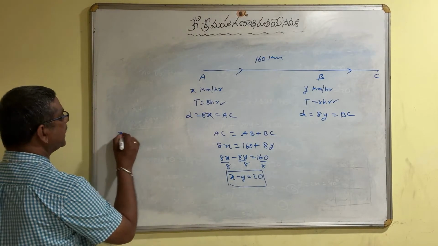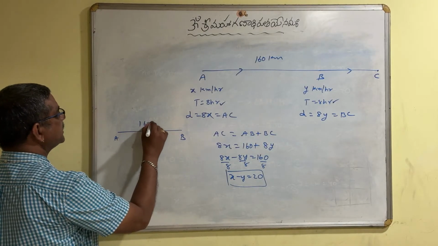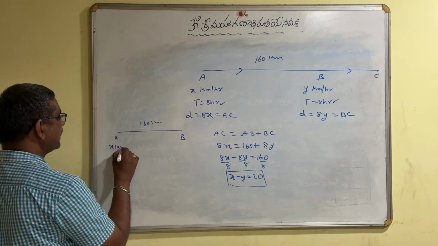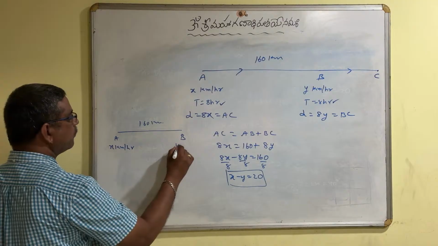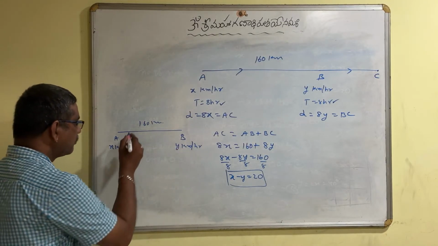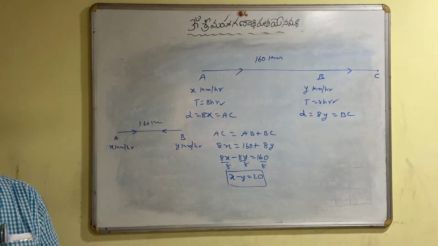Now, second condition, A, B, 160 kilometers, x kilometers per hour, y kilometers per hour. Now, both the cars are traveling in opposite direction.